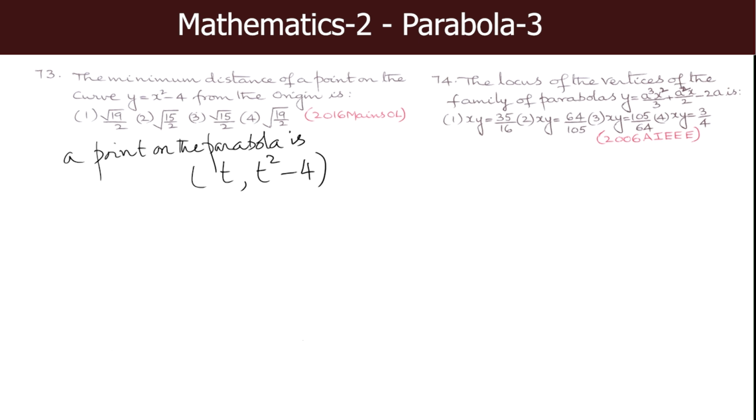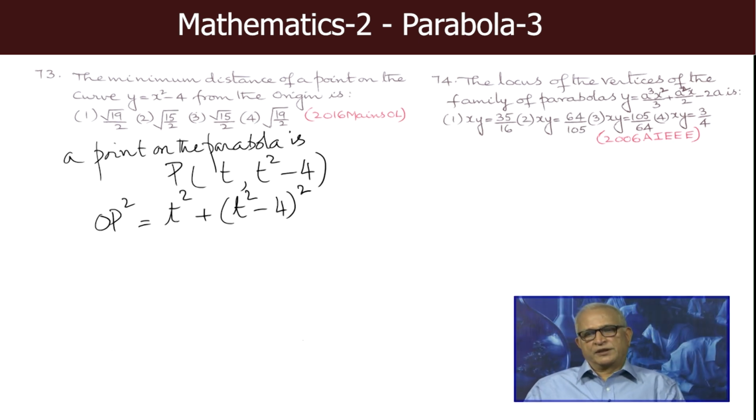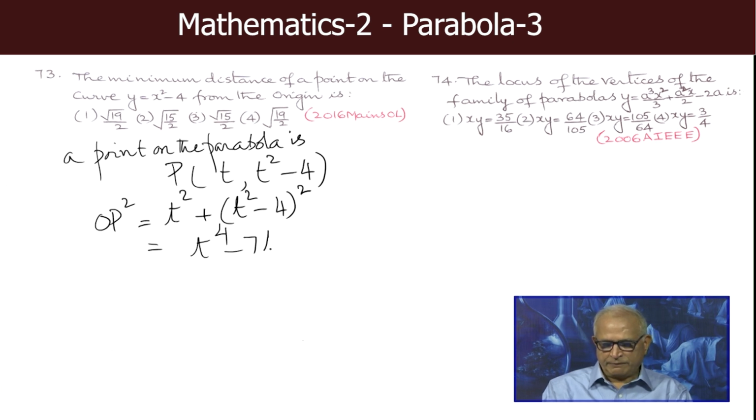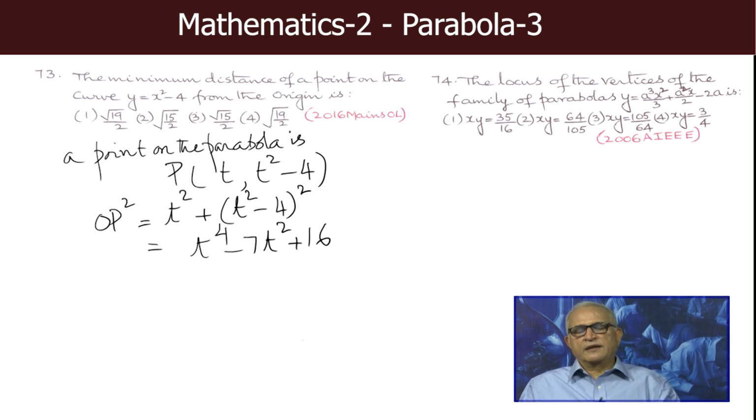Minimum distance of this point from the origin. This is P. What is OP? OP square is t square plus (t square minus 4) whole square. This is to be minimized. This is equal to t power 4 minus 8t square plus t square plus 16. I hope I am clear. OP square is t power 4 minus 7t square plus 16. Is it okay? So, this is to be minimized. You call it f(t).